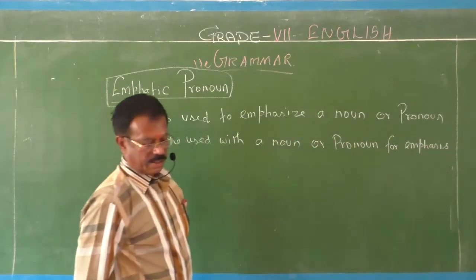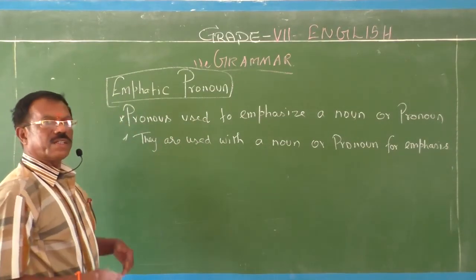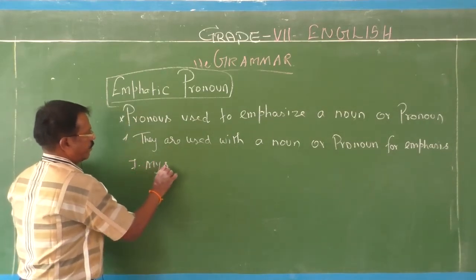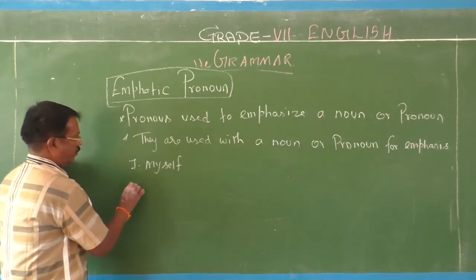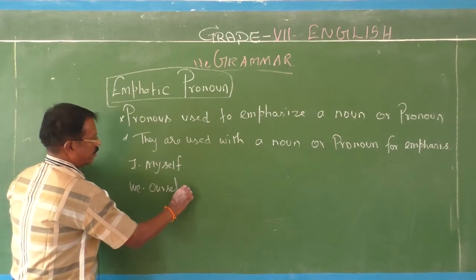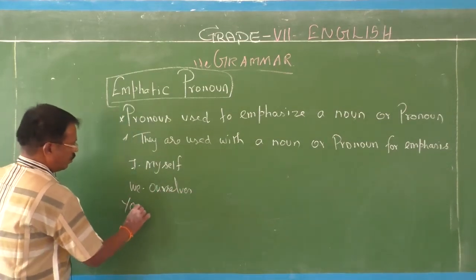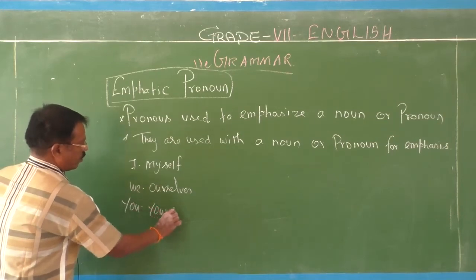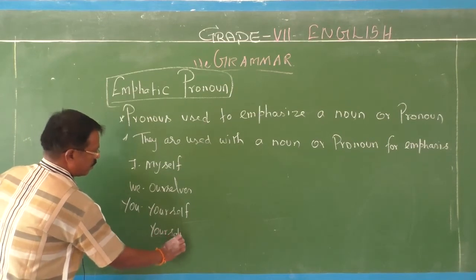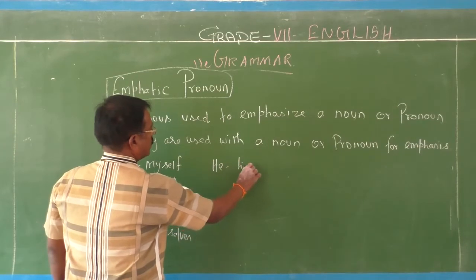Therefore, they are called emphasizing or emphatic pronouns. What are the forms of this emphatic pronoun? I, myself. We, ourselves. You, yourself and yourselves. He, himself.